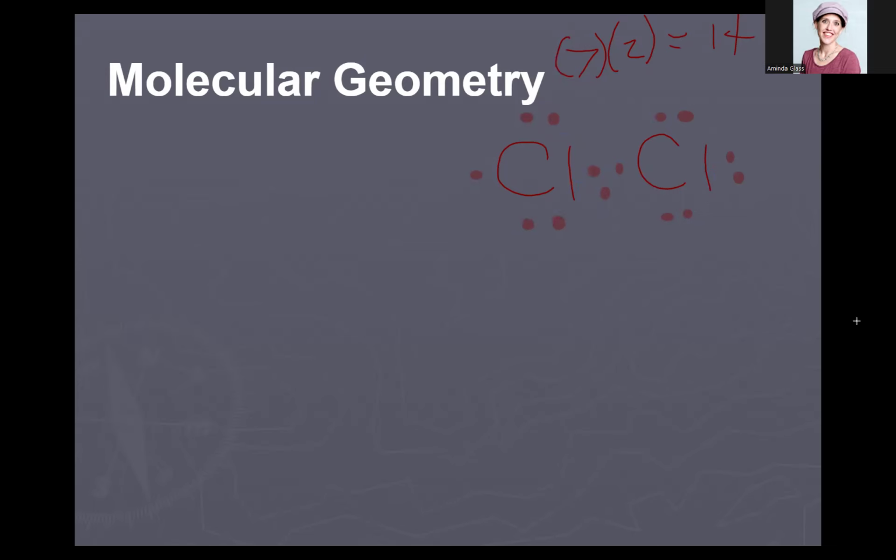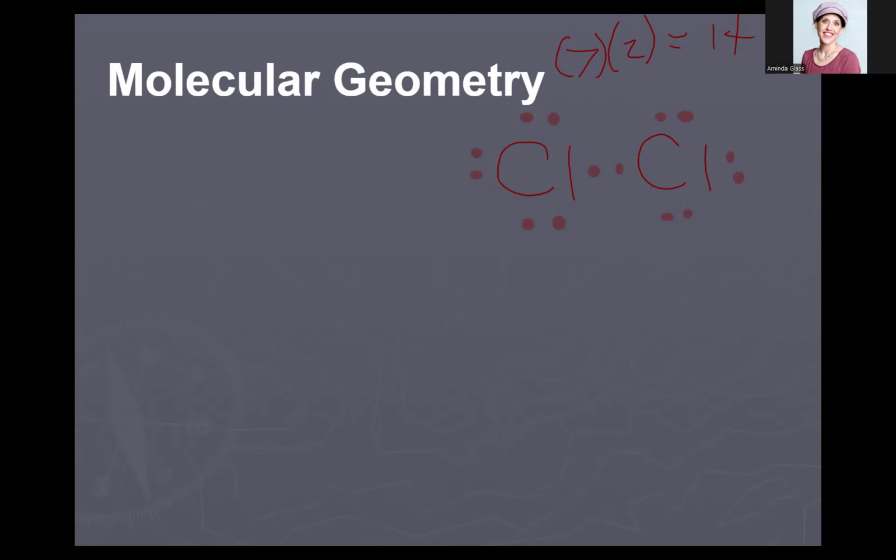So I am going to erase that one and put this right here. So now that I've rearranged, I'm going to check and see if I have 8 surrounding each element. So I have 2, 4, 6, 8 around this chlorine on the left. So that's all good. On the right, I have 2, 4, 6, 8. So I have all 8 there.